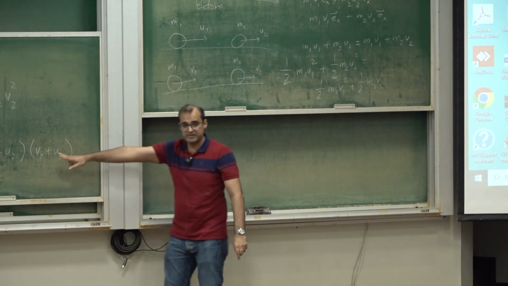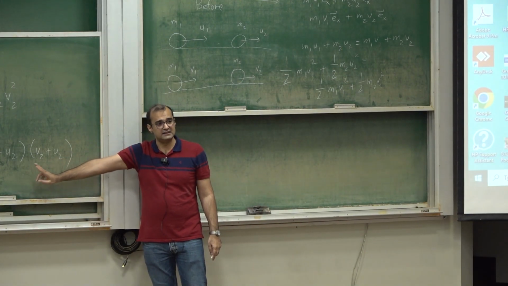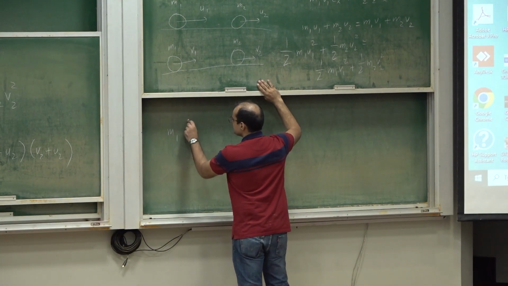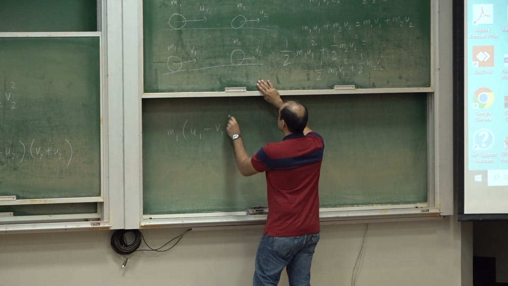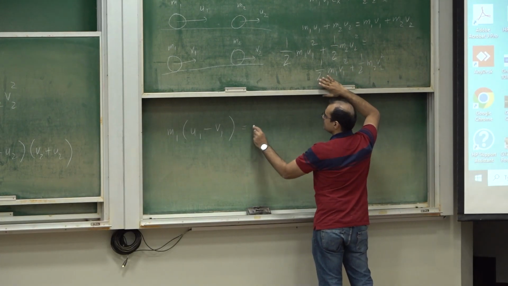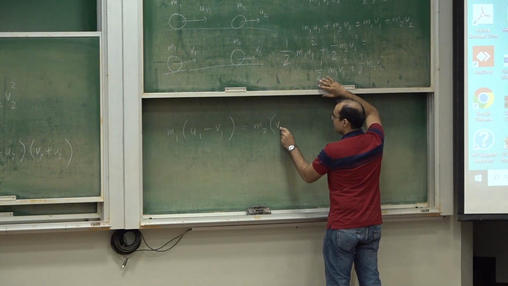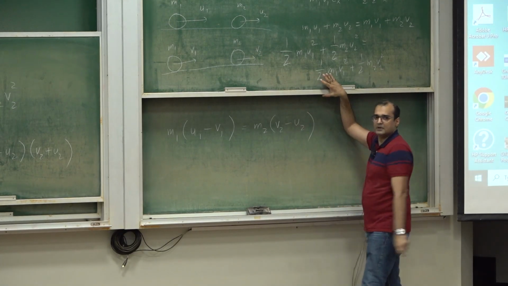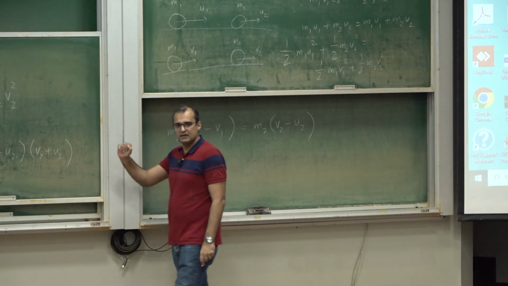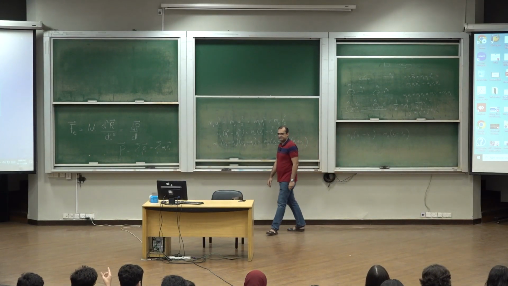This, remember, is not conservation of momentum; this is conservation of kinetic energy. If I do the same thing over here, I get m1 times (u1 minus v1), because m1 v1 goes to the left, m2 u2 goes to the right, and I get m2 times (v2 minus u2). This is, of course, nothing other than conservation of momentum. That is, of course, nothing other than conservation of kinetic energy.